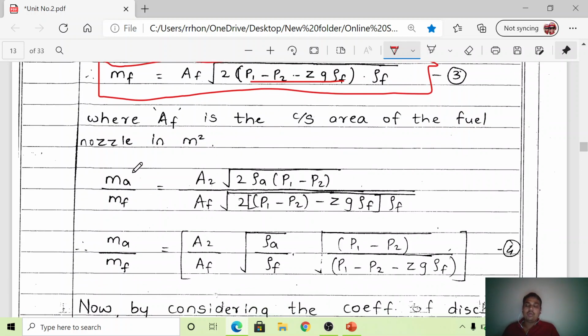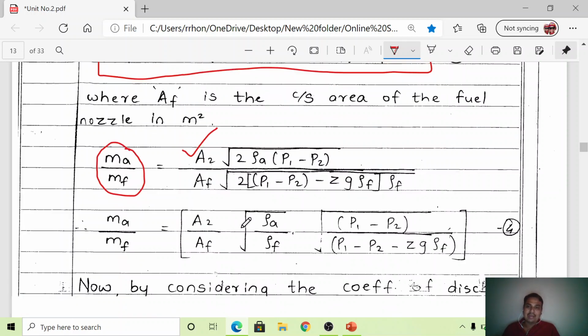So if we want to write the equation in the form of mass of air to mass of fuel, because the air fuel ratio is always described in terms of mass of air to mass of fuel. So we have already calculated the equation of mass of air, which we have written over here, A2 under root of 2 rho A into (P1 minus P2), and this is the equation of mass of fuel, that is AF under root of 2 (P1 minus P2 minus ZG rho F) multiplied by rho F itself.